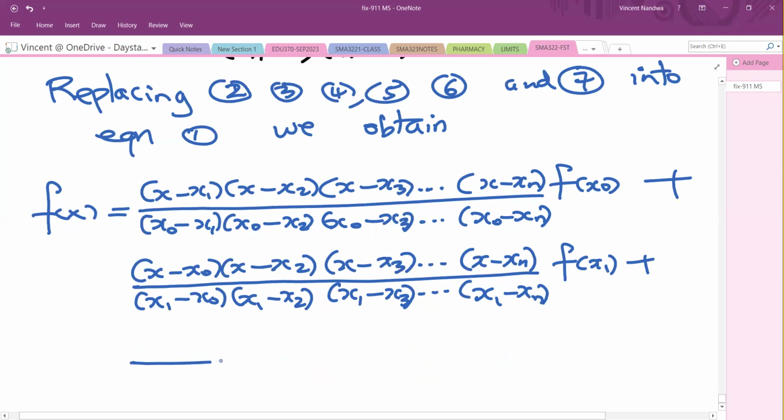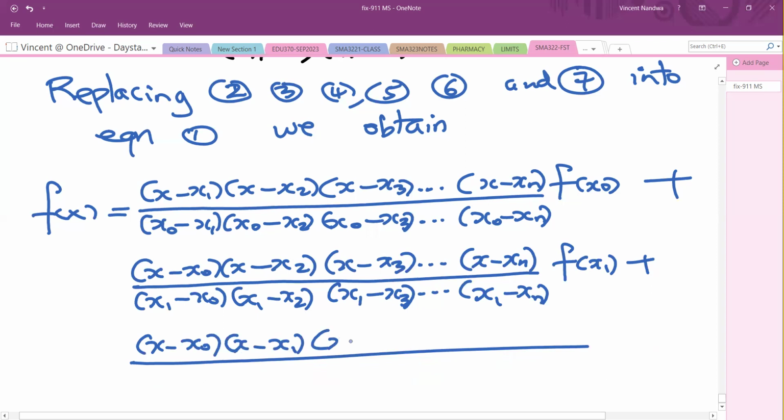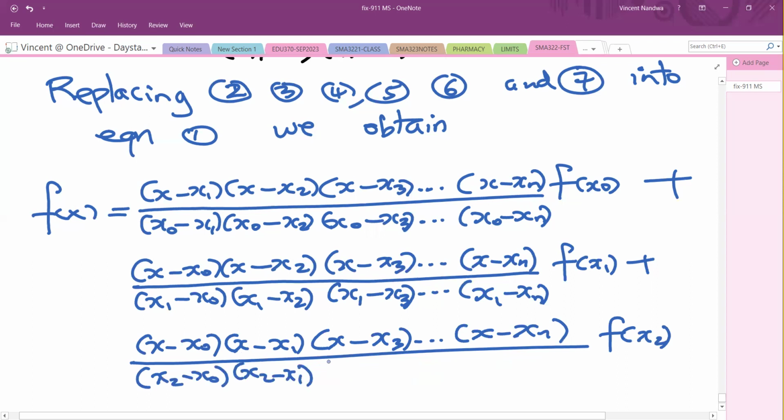Then next term will be x minus x naught, x minus x1, x minus x3, all the way up to x minus xn, times f of x2, then x2 minus x naught, x2 minus x1, x2 minus x3, all the way up to x2 minus xn, plus other several terms.